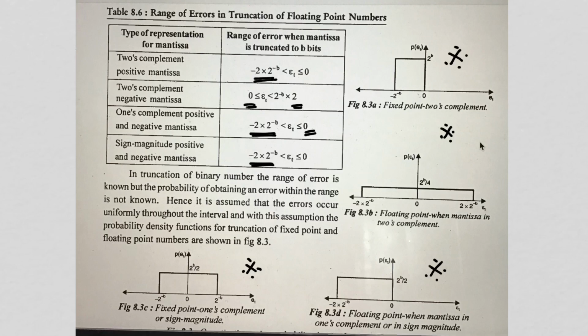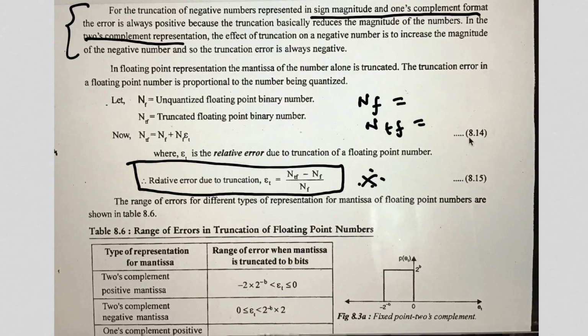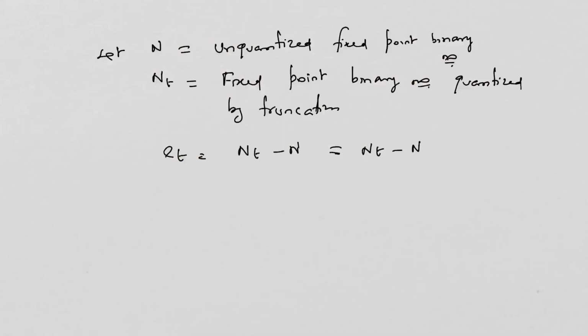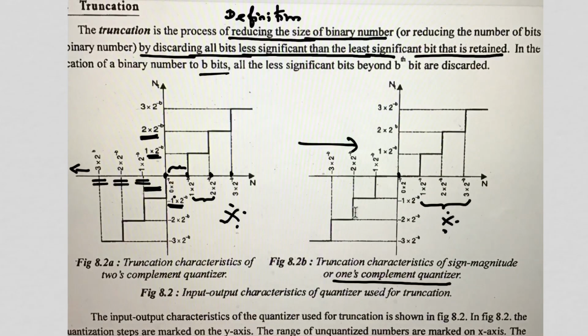This is called the range of errors. For all these values and intervals, the diagrams are derived from this particular figure. Any number that falls within this range is represented by this number alone.